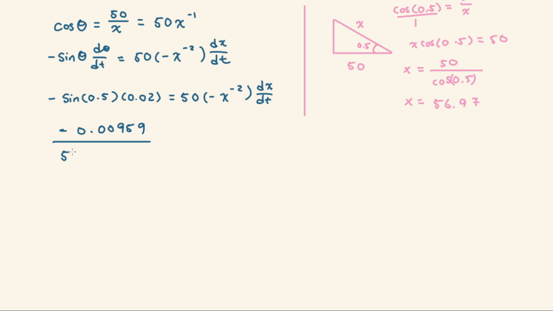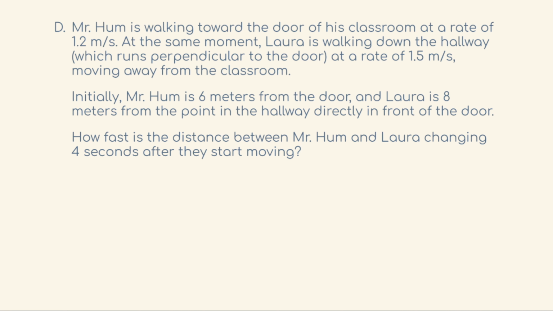So 50 times negative 56.97 to the minus 2, and that's going to be equal to dx divided by dt. So punch that into your calculator, and you're going to get that dx over dt is equal to 0.622 feet per minute.